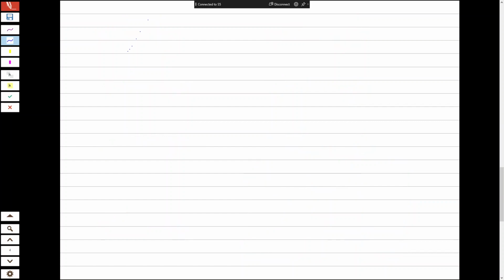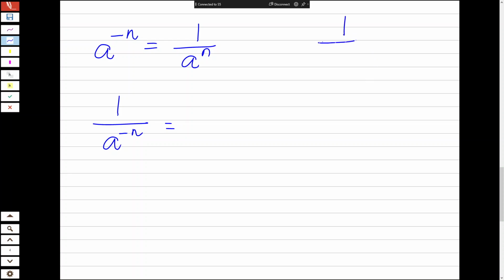Alright, so there's a few more things you need to know. What about this one? What happens if I divide by a fraction? Does anyone know what happens when I do that? So imagine I have the number 3/5 and I divide by it.